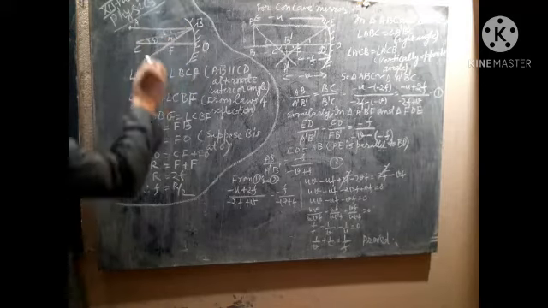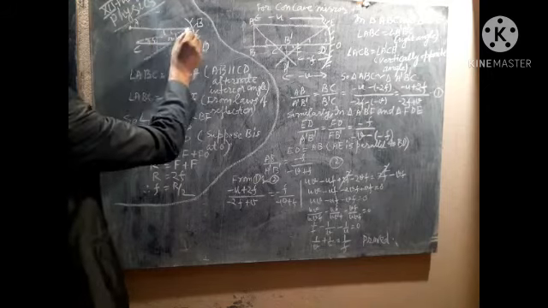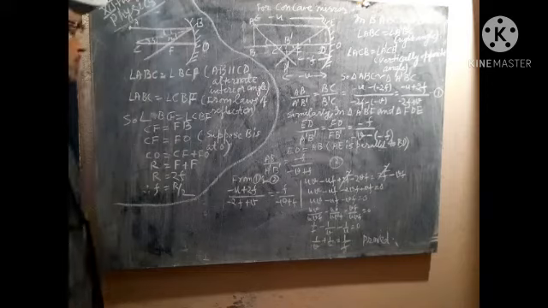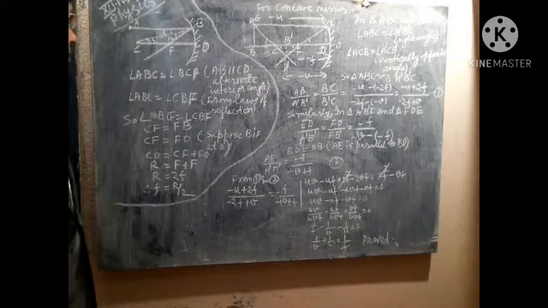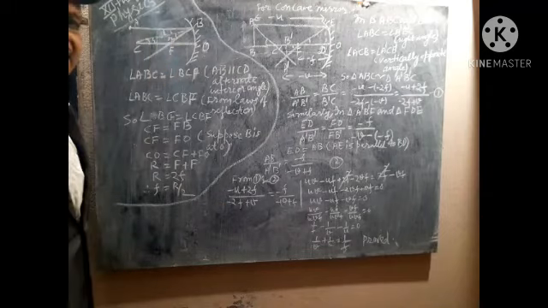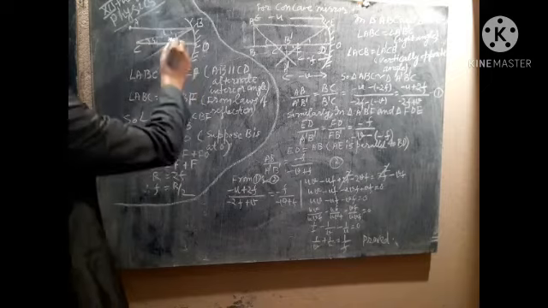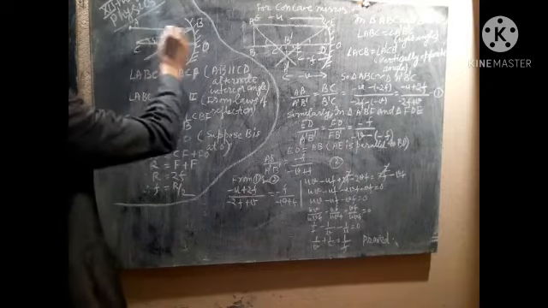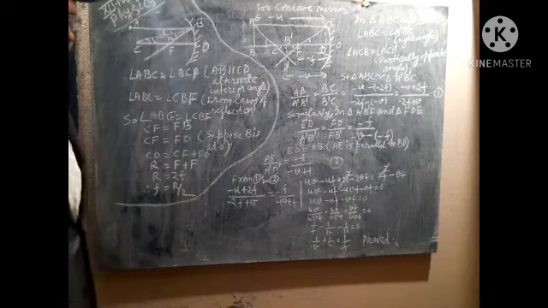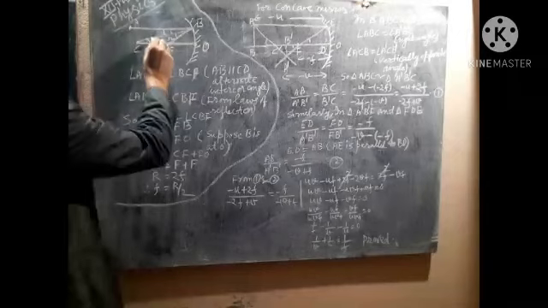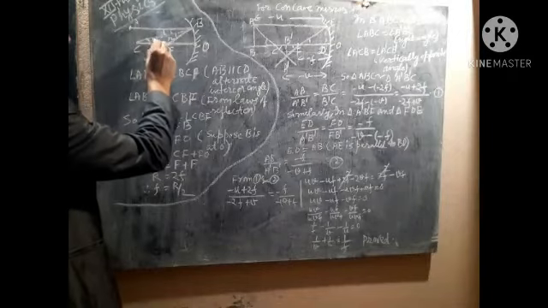Now you should know this angle is the incident angle. While you study physics in class 12, you should know about this. This is angle I, the incident angle, and this will be the reflection angle, R. Incident angle and reflection angle. Here try to understand, I have written I. How will you get this I?